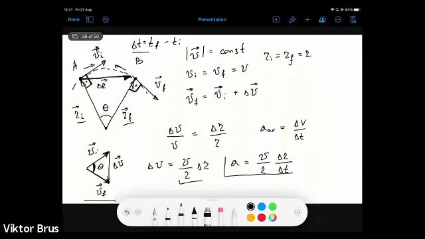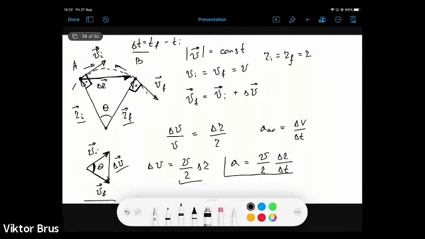However, because of the change of orientation, we have some delta v vector, and that is the origin of this centripetal acceleration.